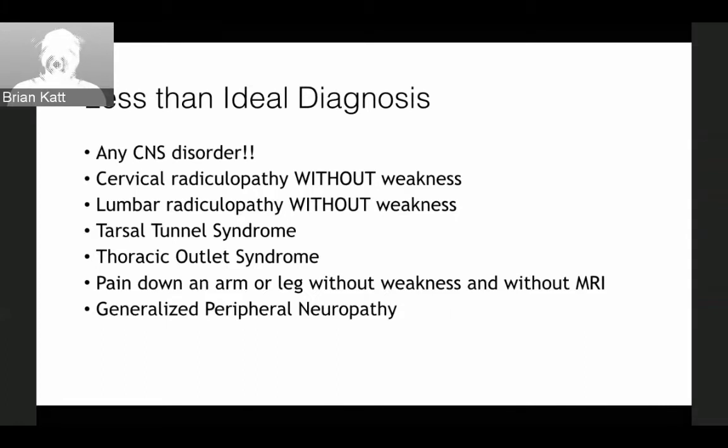So this is a test that is only used for peripheral nervous system disorders, okay? Anything from the central nervous system, the brain, the spinal cord, it's completely not useful for. A good orthopedic example of which this is not useful for is cervical myelopathy.